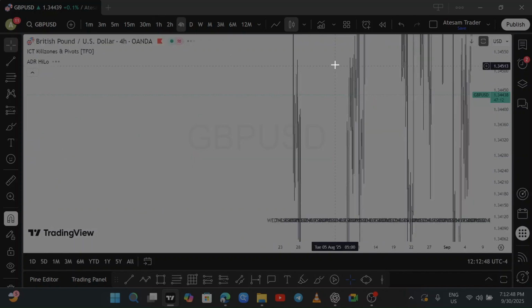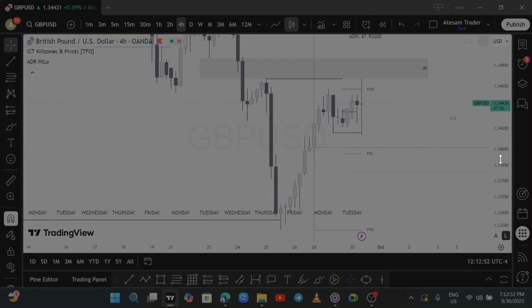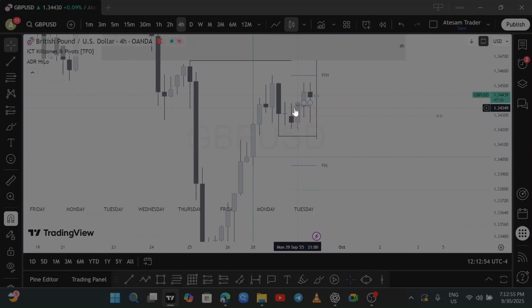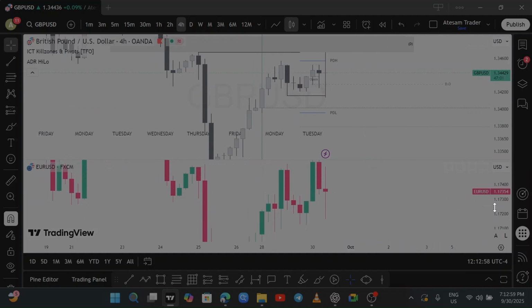I forgot to check the SMT with Euro USD. So what happened here? This is the daily open. Ideally these two candles form the SMT.